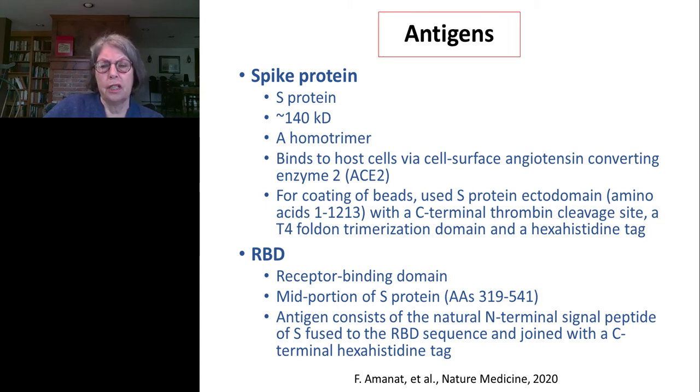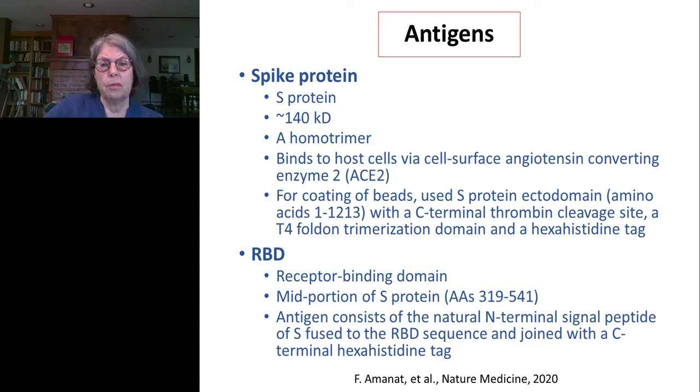So this is a region in the middle of the protein. And this antigen, as we're using it, consists of the natural N-terminal signal peptide of the S protein fused to the RBD sequence and then joined with the C-terminal hexahistidine tag at the C-terminus. The histidine tags are used for purification of the proteins as they're expressed.